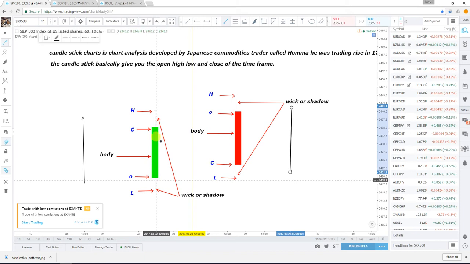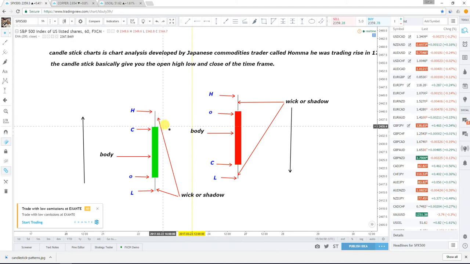And this configuration of the candlestick means that the price opened here, and it went down to this price, and then went up like this, till the end here, till the high. And at the high point, what happened? The price went down. It went down till the close, and it moved to the next candlestick. And the same thing here.